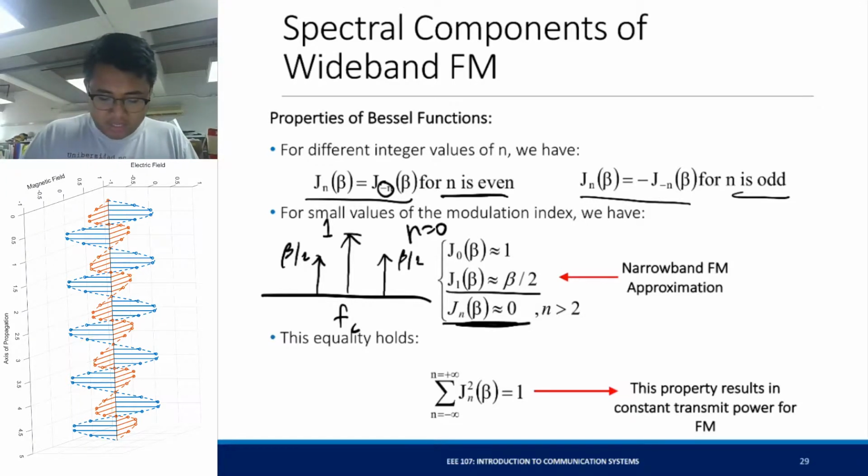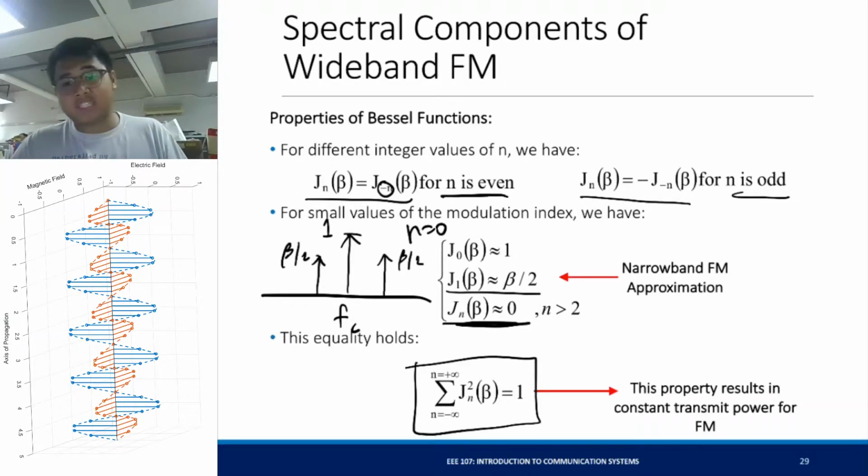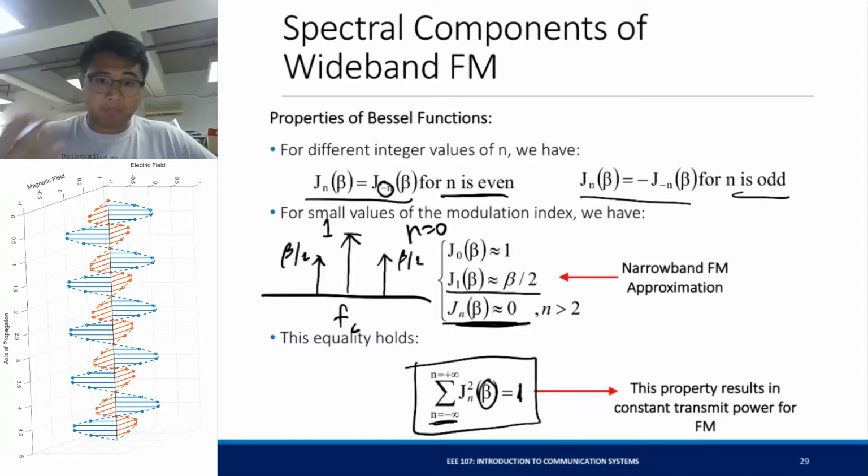And now if we add all the coefficients of the Bessel function for varying values of n at a given value of beta, it will always be equal to 1. And because of this property, the FM signal has a constant transmit power. Right? Recall that to get the power of a signal, you need to get the area of its magnitude spectrum squared.